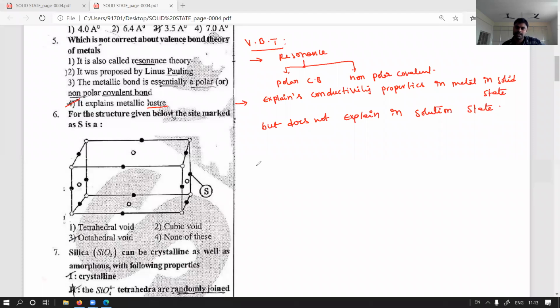To explain that conductivity in metals, they proposed two types of resonance structures. One is polar resonance structures, the second one is non-polar resonance structures.